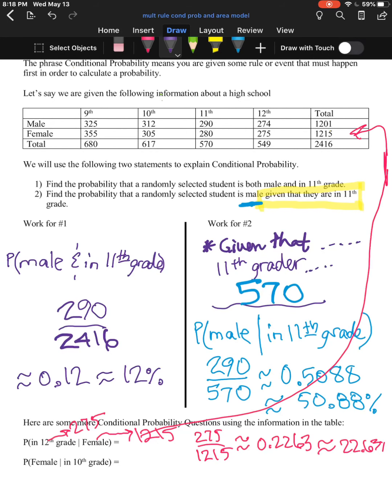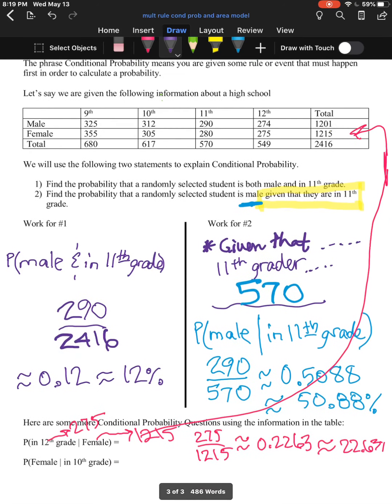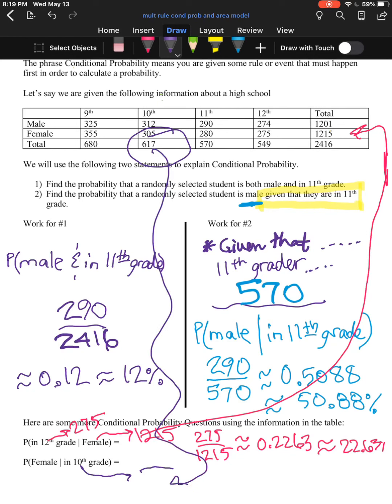And the last problem, what is the probability that a person is female given that they are in 10th grade? How many 10th graders are in this survey altogether? That's right, 617. And out of the 617, how many are female?